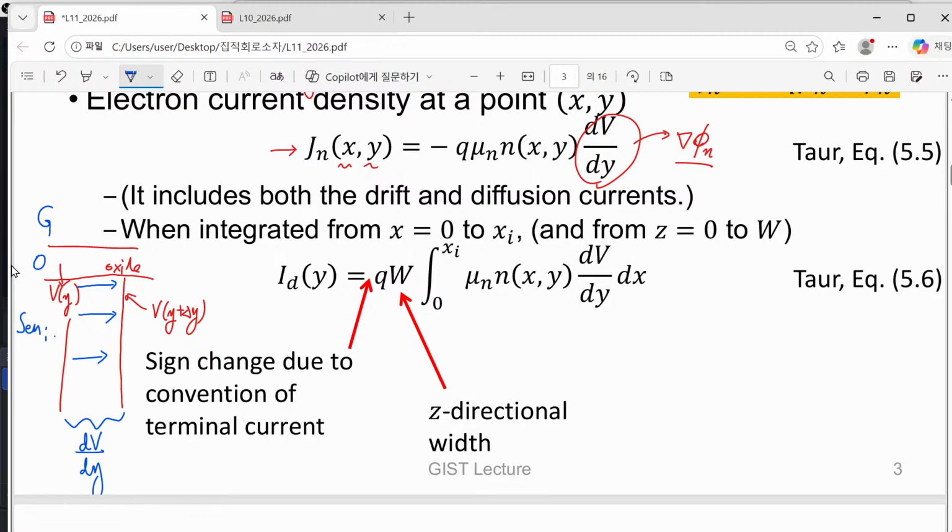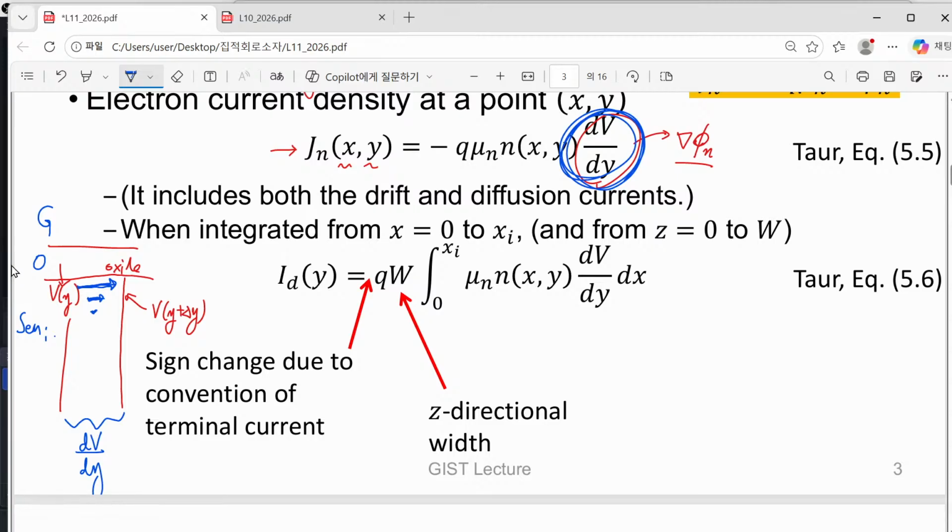Although dV over dy is identical for every vertical position, you should understand that only near this interface we have a strong current, and if we go slightly deeper into the substrate, we will have a much weaker electron current, which almost vanishes when you go too deep into the substrate.